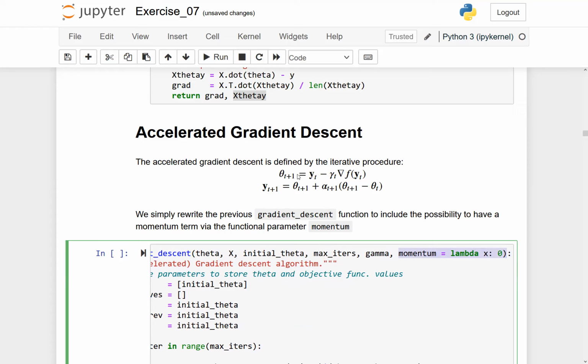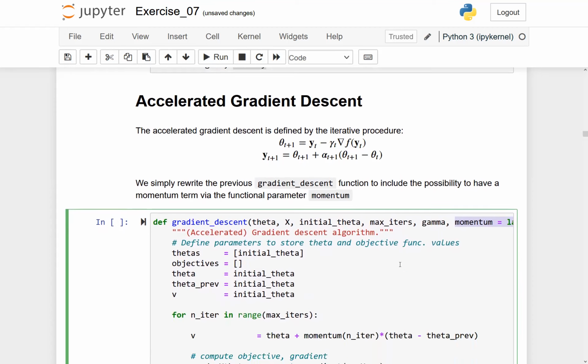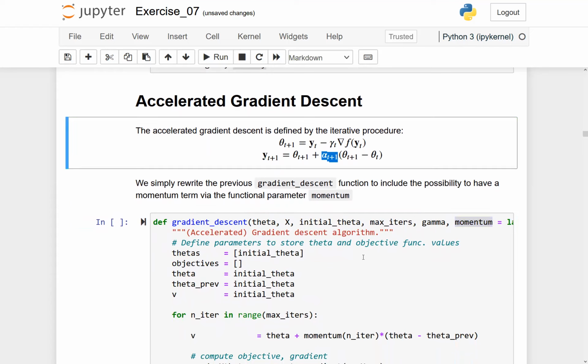If you do some momentum calculation, then you have to specify a momentum function, which returns for the current iteration number what the momentum coefficient should be, the alpha t plus 1. All right.